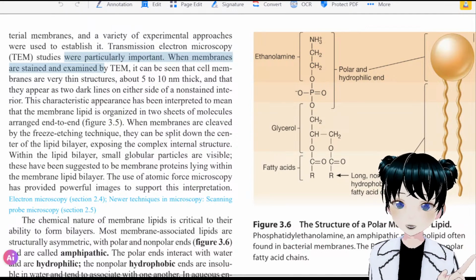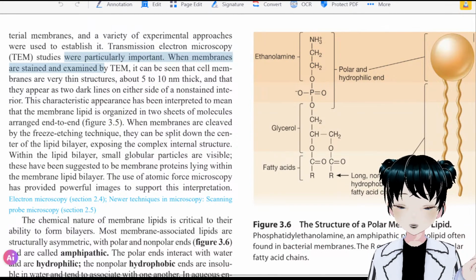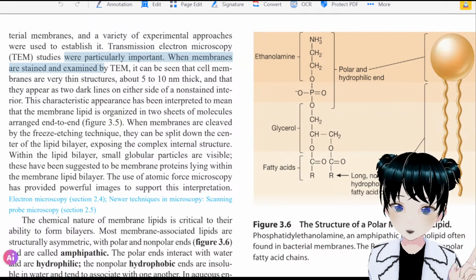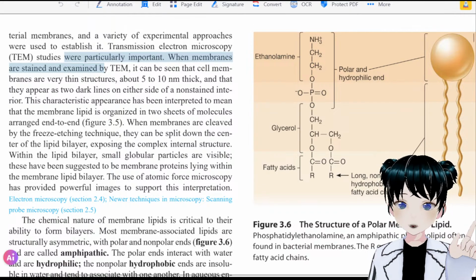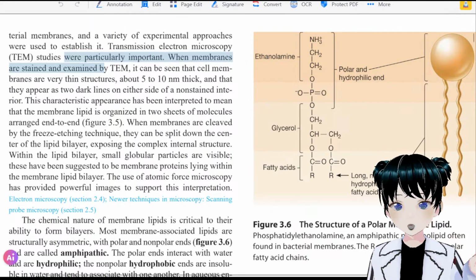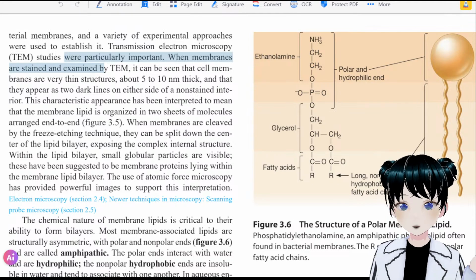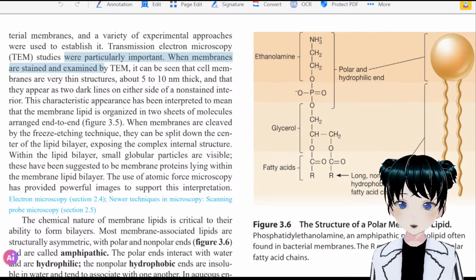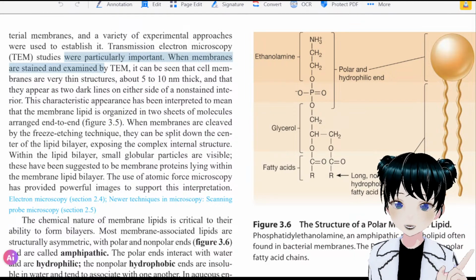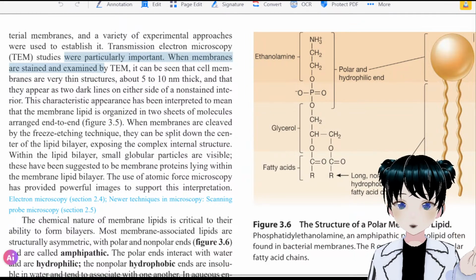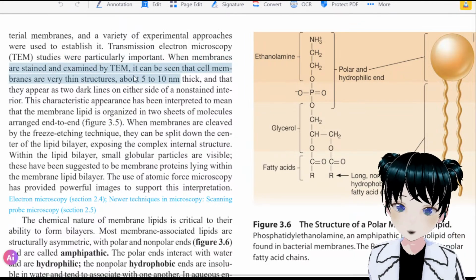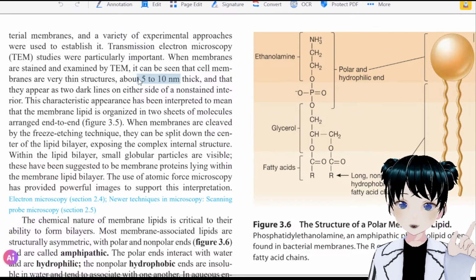The scanning electron microscope studies the outer structure by collecting the reflected electrons, while this one collects the refracted electrons, right? And the lipid bilayer is just about 5 to 10 nanometers thick.